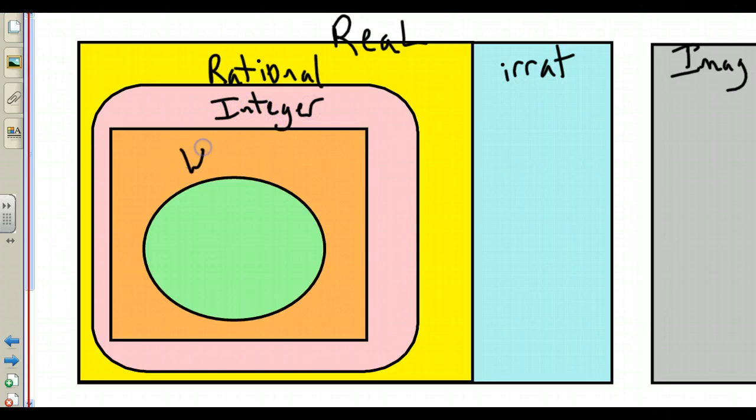And a type of integer would be a whole number. And a type of whole number would be a counting number. Those start counting at 1 instead of 0. So like the number 7 is a counting number and whole and an integer and rational and real. So a number can fit into more than one category, but its most specific category would be the best way to name it.